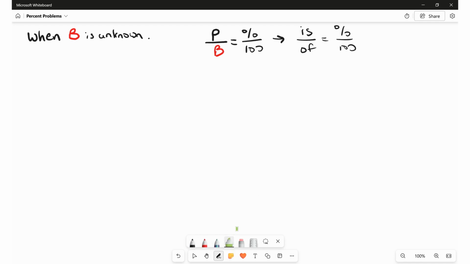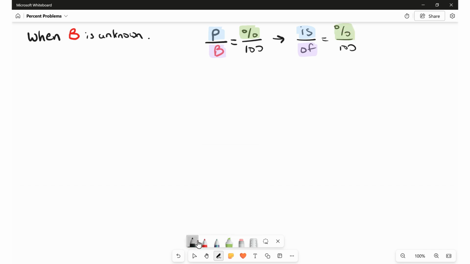Okay. So again, we are looking for the of or the base or the whole. We're going to be given the part and we're going to be given the percent.